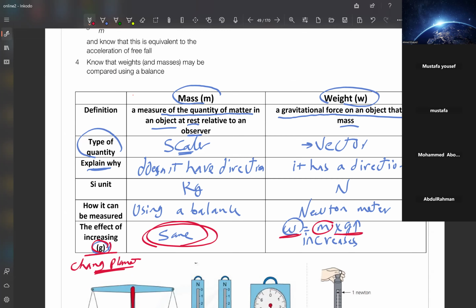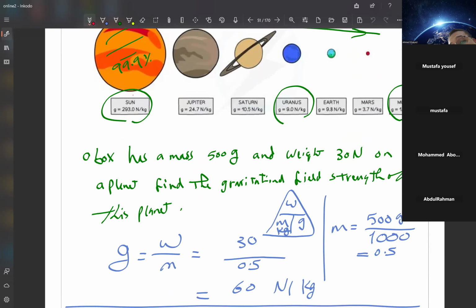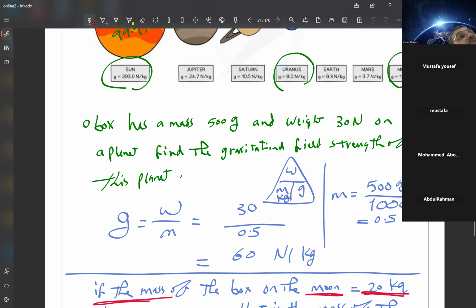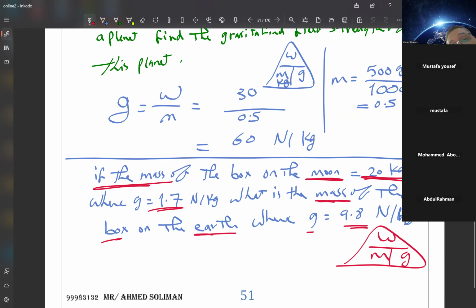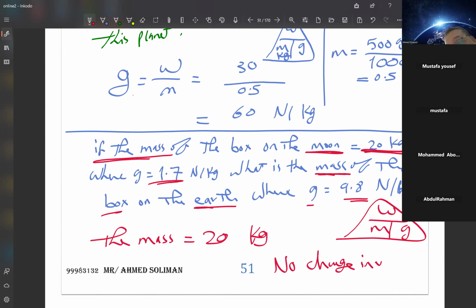Weight is the force of gravity on the object, and it's different from one planet to another. So pay attention to the tricky question, especially in paper 2. Mass doesn't change. Mass is the same, so the answer is mass equals 20 kilogram. No change in mass.